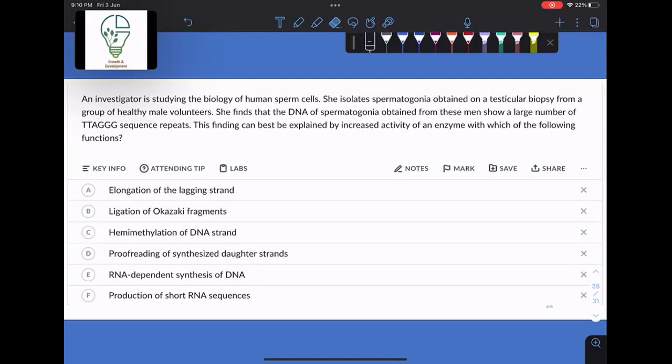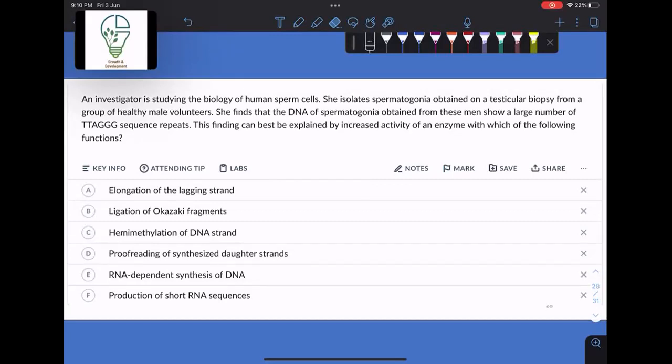They prevent the loss of this genetic material that occurs in every DNA replication. So the answer here is actually E, because it's the RNA-dependent synthesis of DNA. So this enzyme is basically protecting the synthesis of DNA. And there is high telomerase activity in normal germ cells, so in sperm cells, stem cells, embryonic cells. And we also said that telomerase activity can also be found in cancer cells.